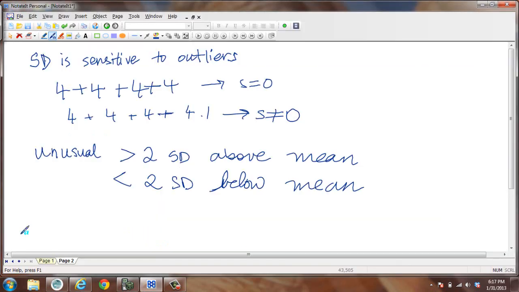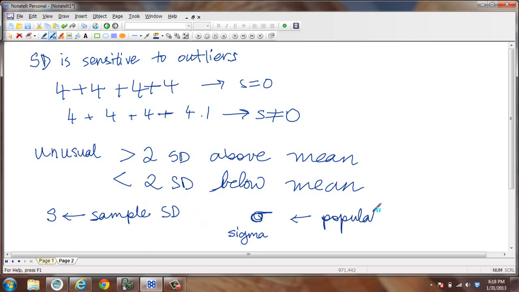Okay, the last thing I want to go over real quickly is s, the sample standard deviation. And this is the Greek letter lowercase sigma. It's like an o, but with a tail at the end. And this stands for the population standard deviation.